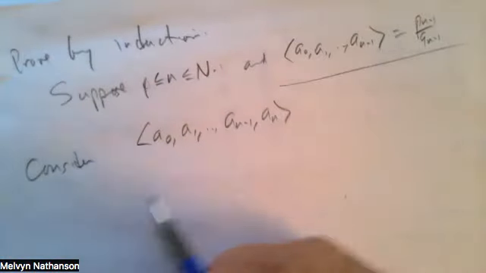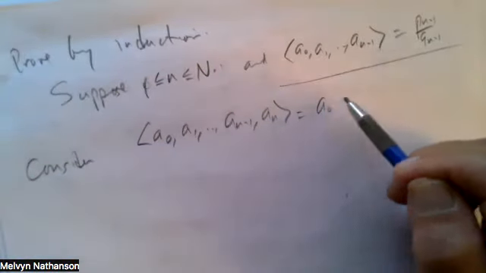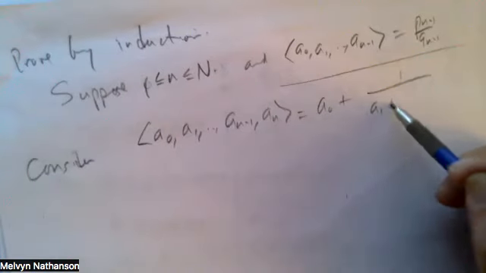So what is this? This is a0 plus 1 over a1, it goes down to plus 1 over a sub n minus 1 plus 1 over a sub n. All right, so what is that?